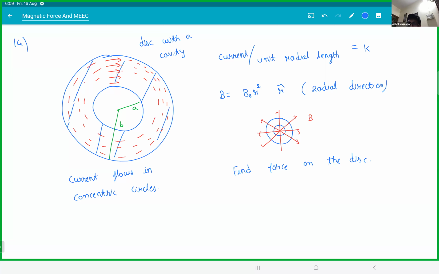Is it the ring or is it a piece? K is the current in the thin ring or in a thin piece? Current per unit radial length. Now think about it. You don't know what is radial length and you don't know what is unit radial length. They won't explain all that in the exam. It's an easy one.